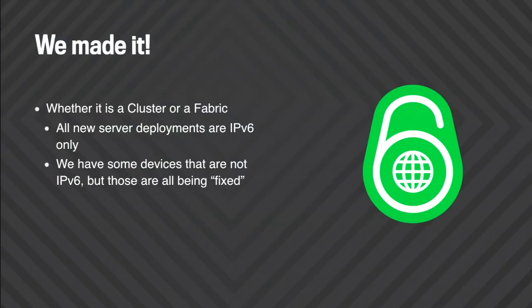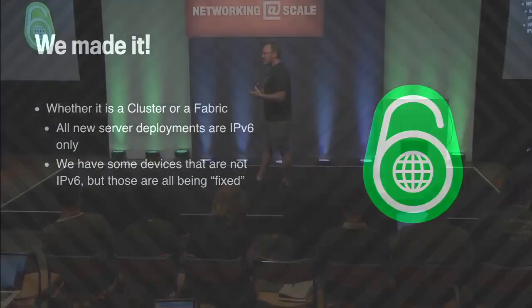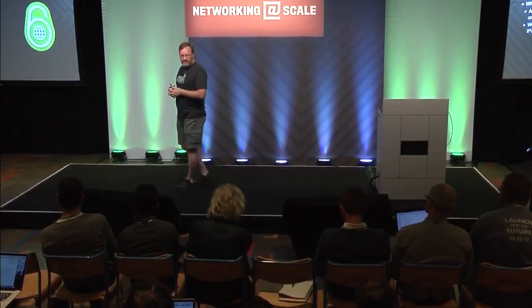Whether we're deploying a new cluster, which very few get deployed today, or deploying a new Fabric, it is v6 only. We have no global 10-net space or global v4 space that's put into these environments. We have a VIP subnet, maybe, but that's about it. Okay? We are v6 only inside the data center.